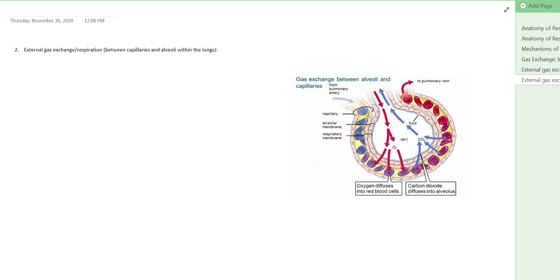Okay, everyone, I promise this will be much quicker as at this point we now have blood returning back to the lungs and back to the alveoli, and we are now going to have the exchange of gases from an external respiration perspective, where oxygen is diffusing from the alveoli into the blood and carbon dioxide is diffusing from the blood into the alveoli, as the image over here is showing.